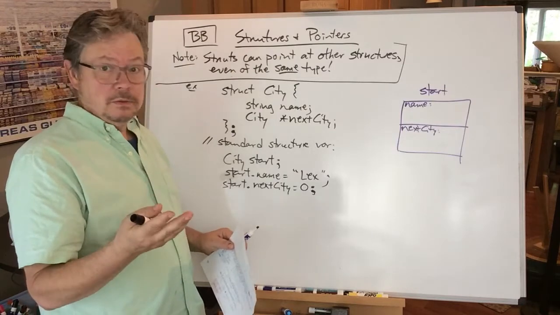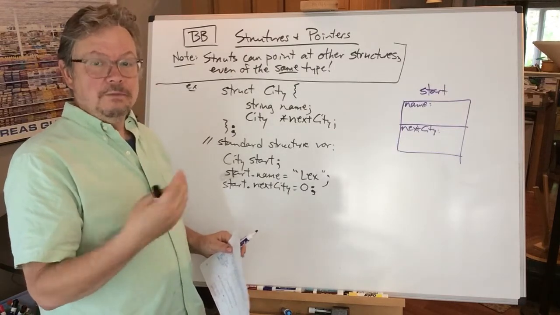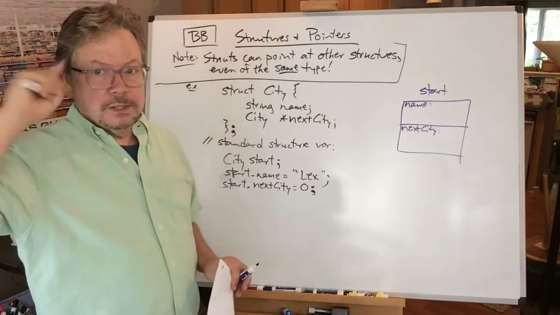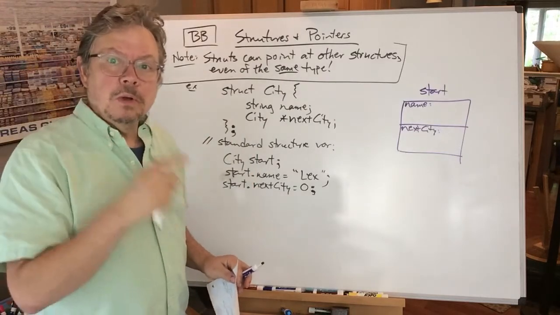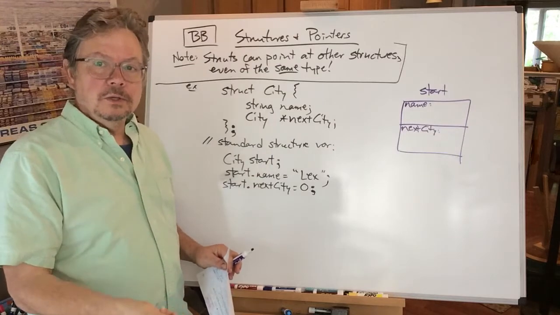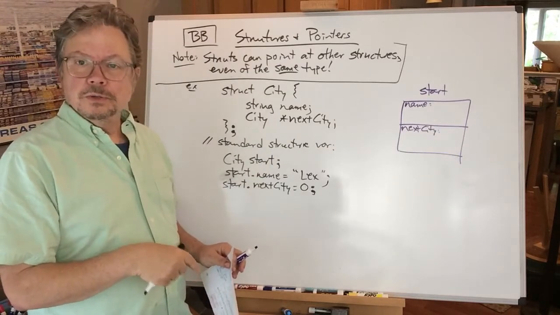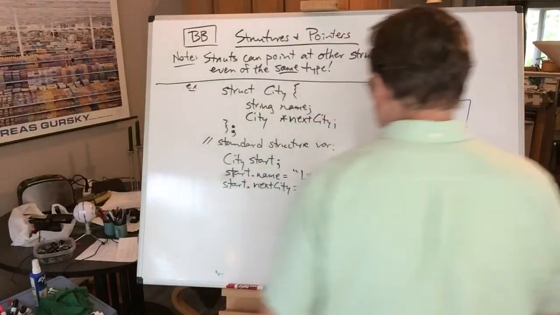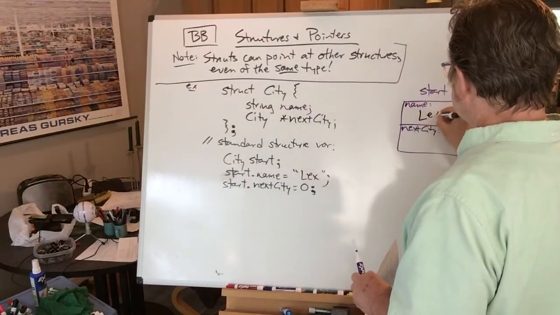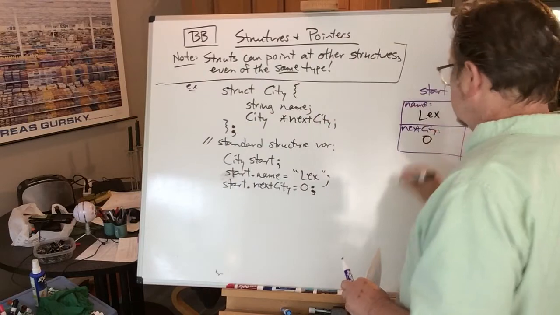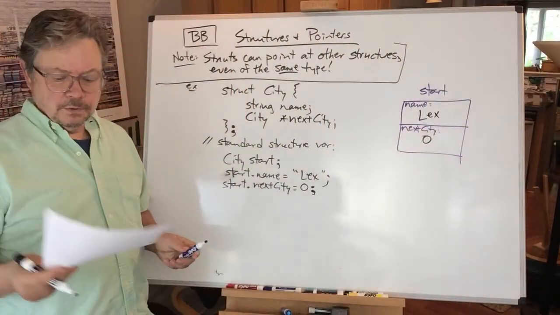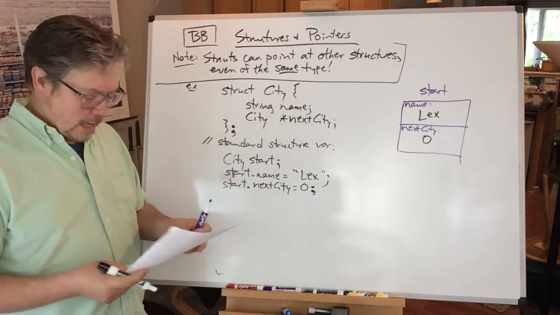You don't have to do that, but it certainly makes your life easier when you're working with pointers in programs if you get to assume, because of convention, that any pointer variable that's not currently in use has value 0. You can use it to test in an if statement, in a while, whatever. So the name is Lex for Lexington. The next city currently is 0. So far, so good. I hope.